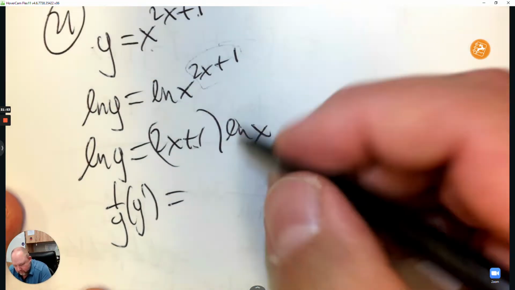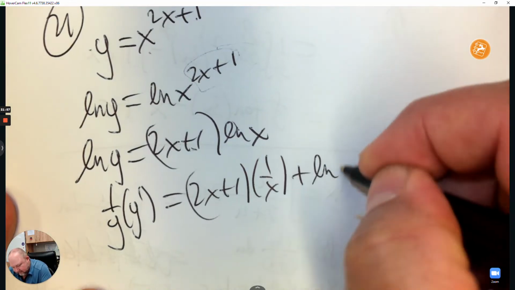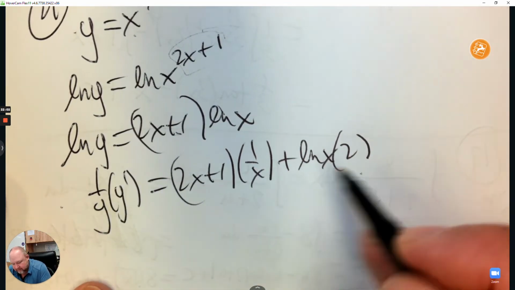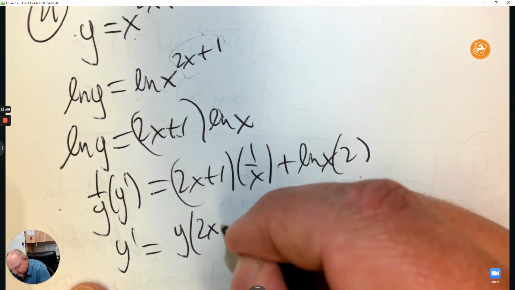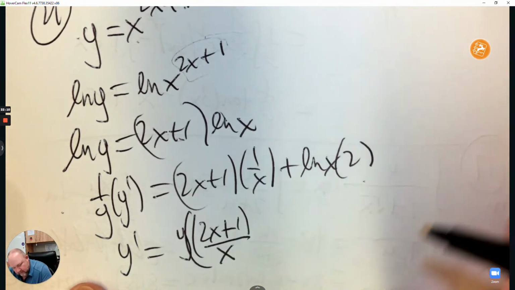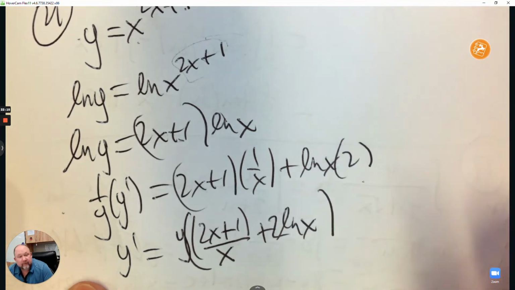This is going to be the product rule. So the first times the derivative of the second plus the second times the derivative of the first. And then multiply both sides by y. There you go.